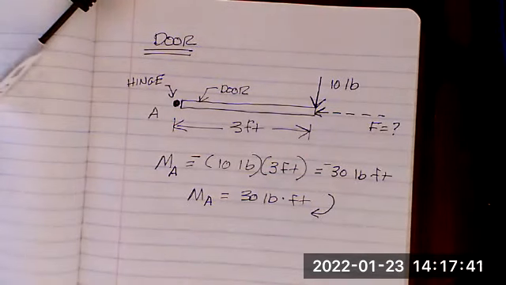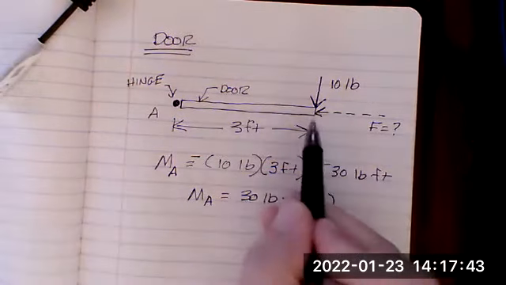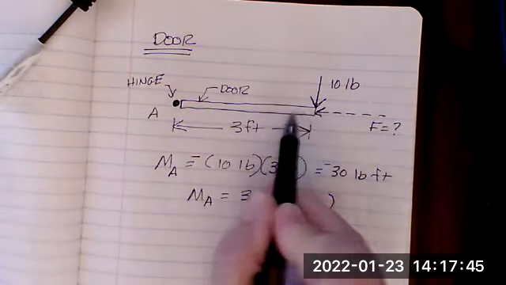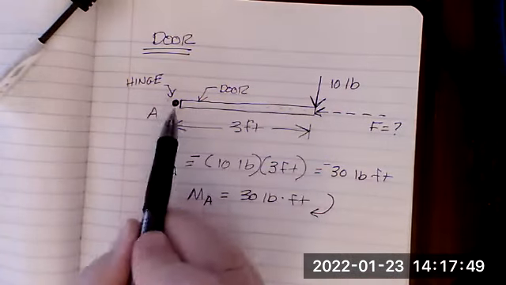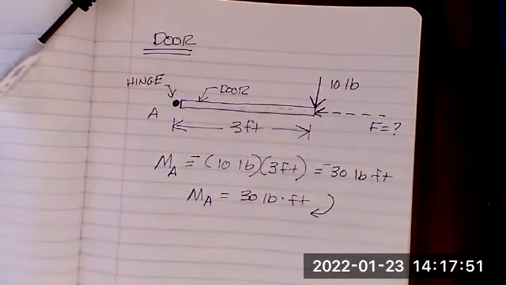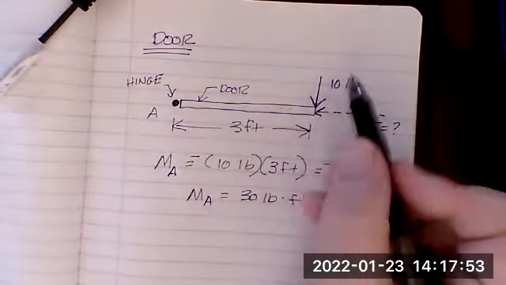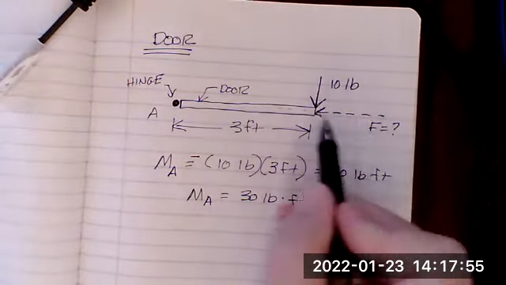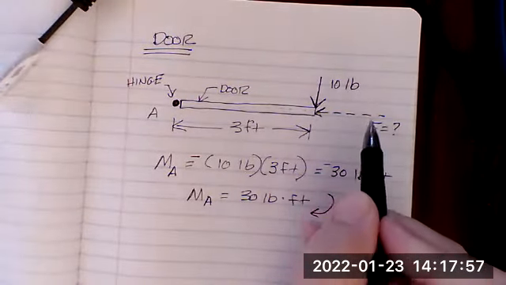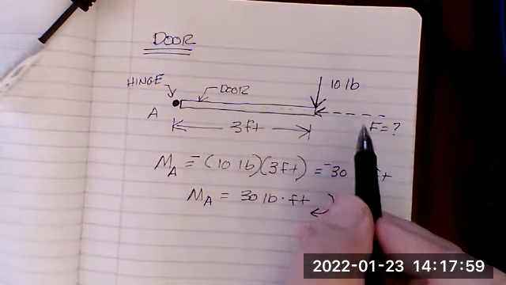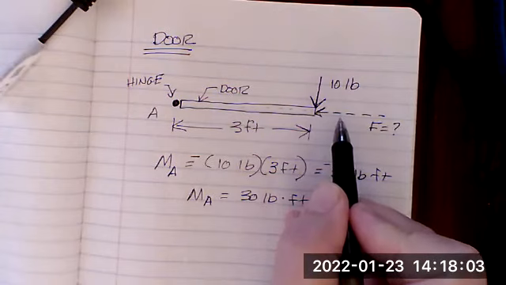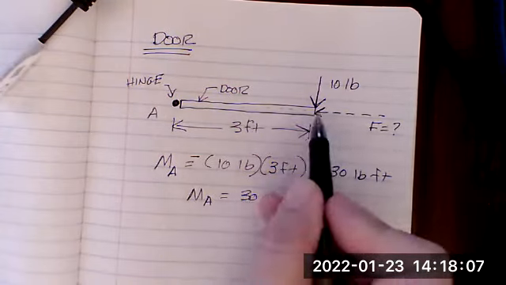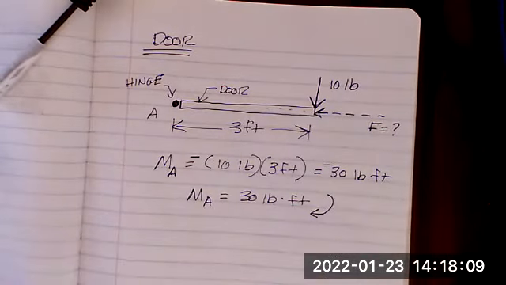It wouldn't cause rotation because the line of action of this force, if you were to extend it, would intersect the hinge. This force does not intersect the hinge, but this force would. And you can go and verify this. Go push on the door from the side and see if it opens or moves. It's not going to move if you apply a force that intercepts the hinge.